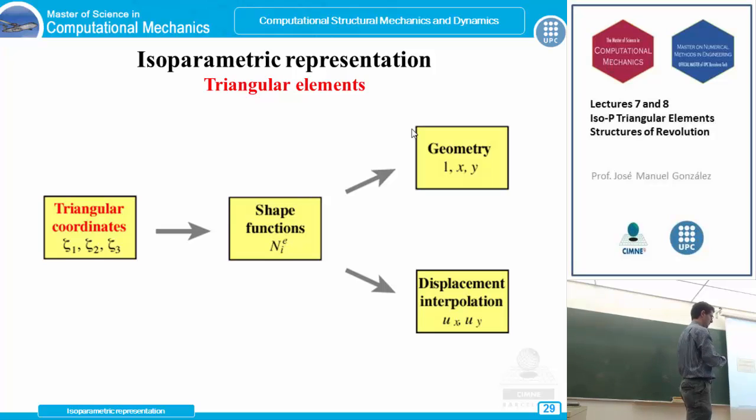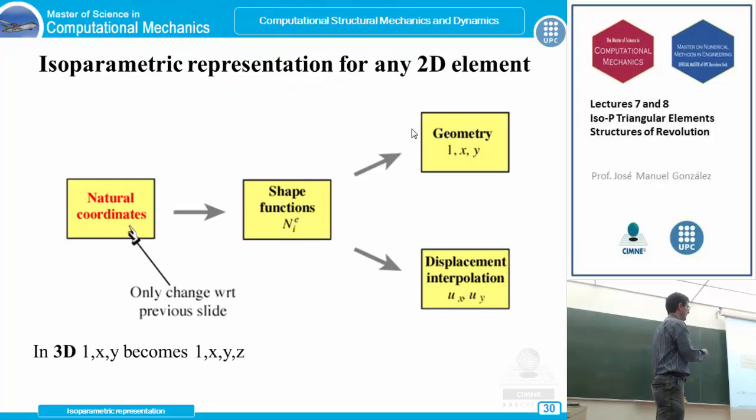But at the beginning, these triangular coordinates were only a geometric definition for every point of the triangle. But then, in the isoparametric representation, from a general point of view, we are talking about these natural coordinates. So we are not talking about these triangular coordinates anymore, but natural coordinates from this general point of view for any isoparametric representation of any element, quadrilateral or triangular.